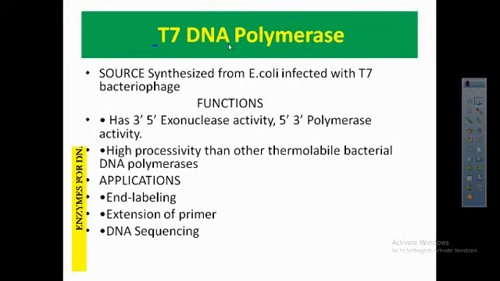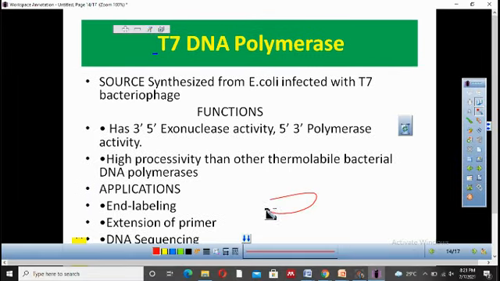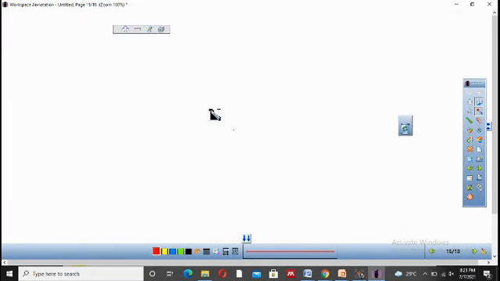Another one is the T7 DNA polymerase. It is synthesized from E. coli infected with the T7 bacteriophage. When the bacteria is transduced by the phage T7, it can perform either the lytic pathway or the lysogenic pathway.